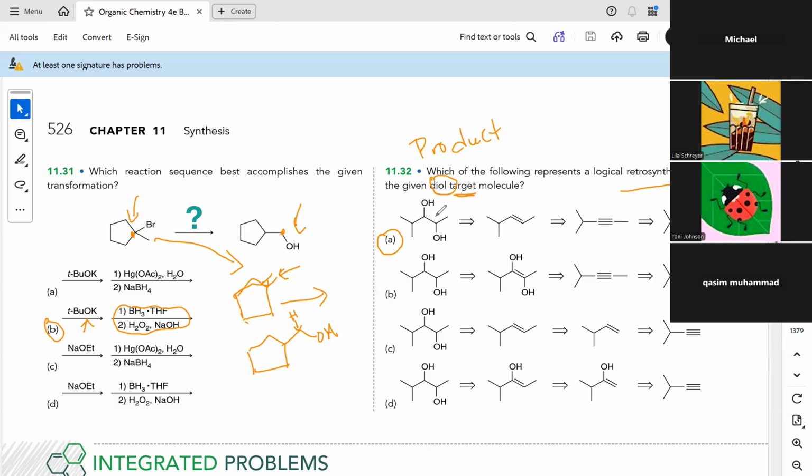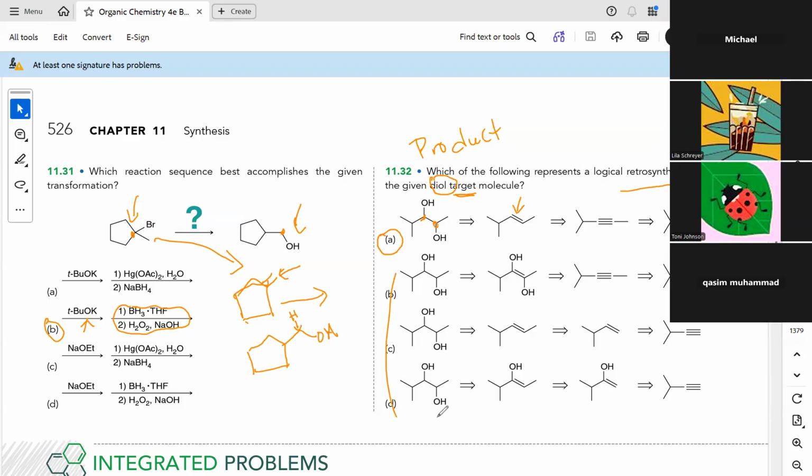So we could prepare this vicinal diol, with two hydroxyl groups on neighboring carbons here. This can be prepared from an alkene, with our trans alkene here, and that would prepare this vicinal diol. All of these other substrates, we couldn't get to this diol.